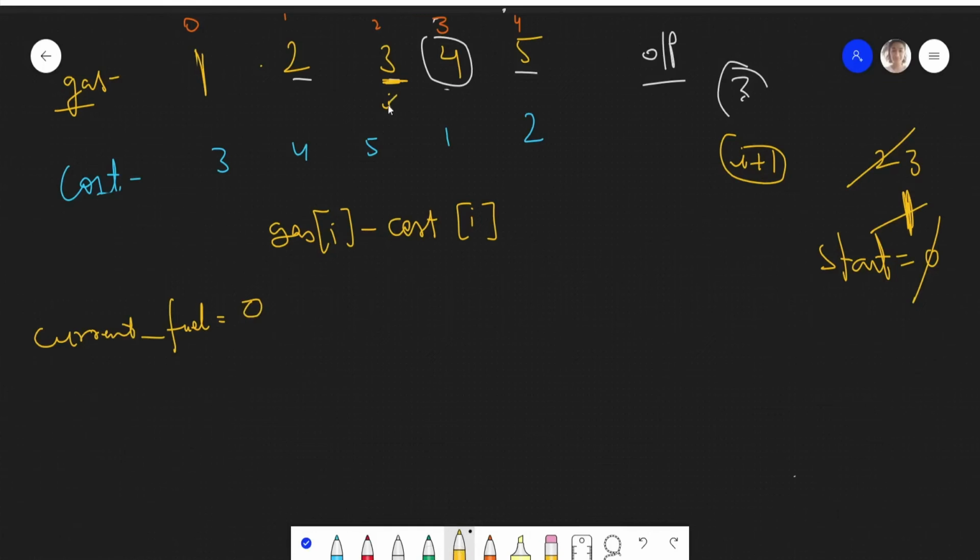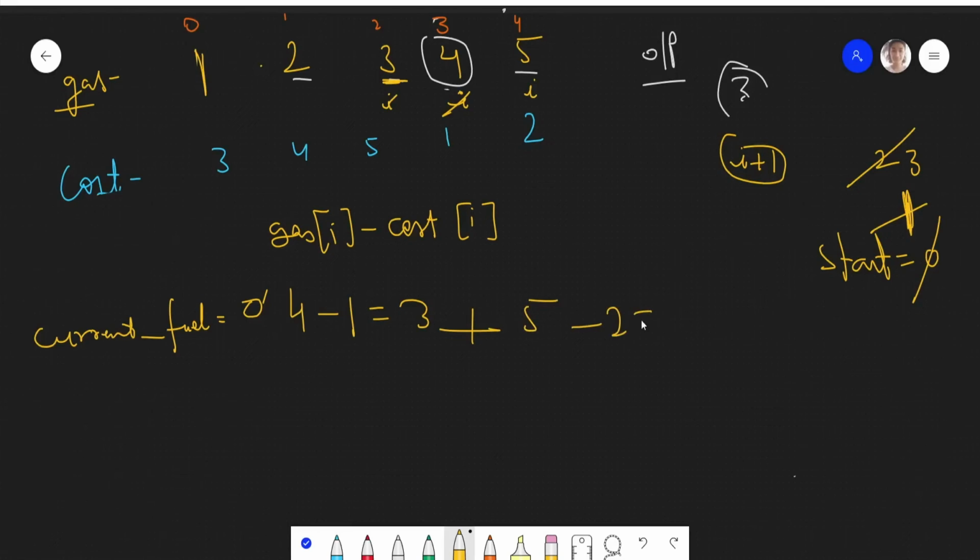Right? Now I will come here. We start from this. So 4 will be added, and cost is 1. So 4 minus 1 is 3. Fuel is positive, which means we can go to the next station. At the next station, how much gas will be added? 5 will be added, and how much will be spent?